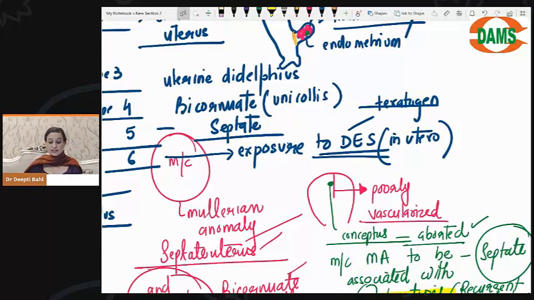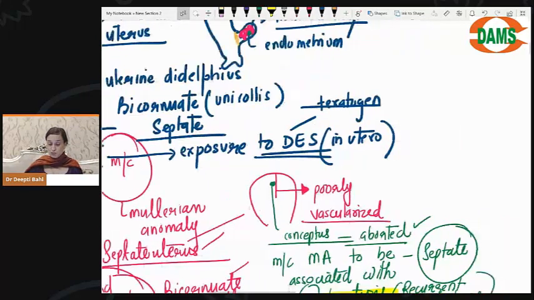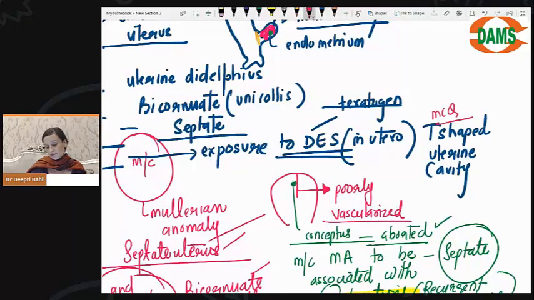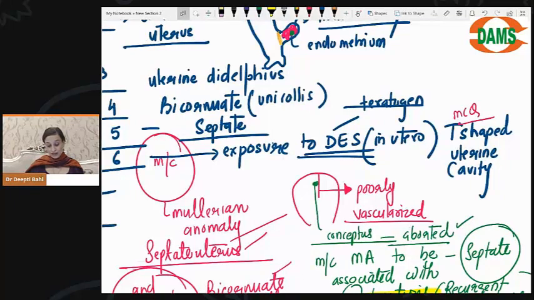The typical finding with DES exposure is a T-shaped uterine cavity. MCQ. Okay, bache, this is a T-shaped uterine cavity. All right, so T-shaped uterine cavity is what is due to exposure to diethylstilbestrol.